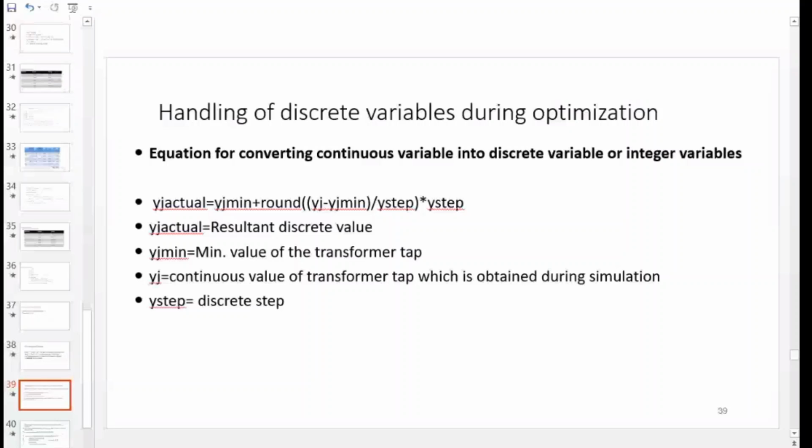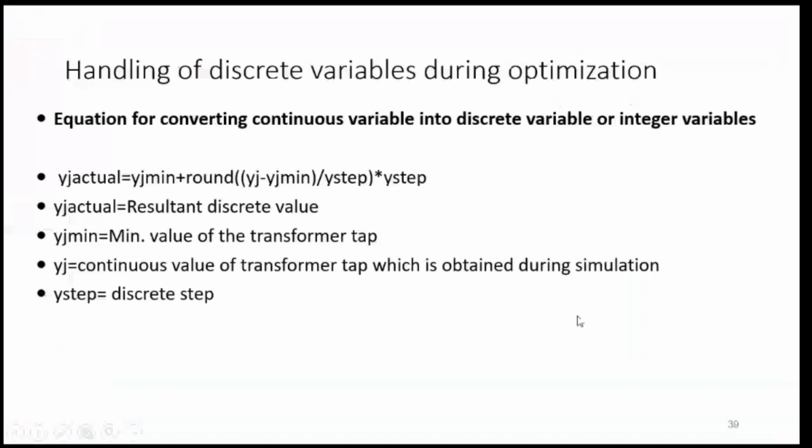Okay, so now in the case of optimization, in many cases we have to handle discrete variables, right? Discrete variables are the variables which occur in steps. Between the two steps you cannot take its value. So in optimization you can use this equation to convert the continuous variables into discrete variables or integer variables, right?